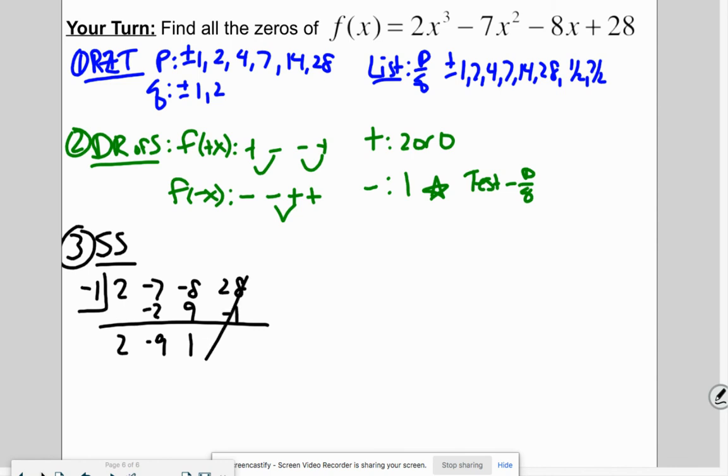Okay. How about negative 2? We've got 2, negative 7, negative 8, 28. Add down 2, negative 4, negative 11, 22. Oh, what did I do wrong here?